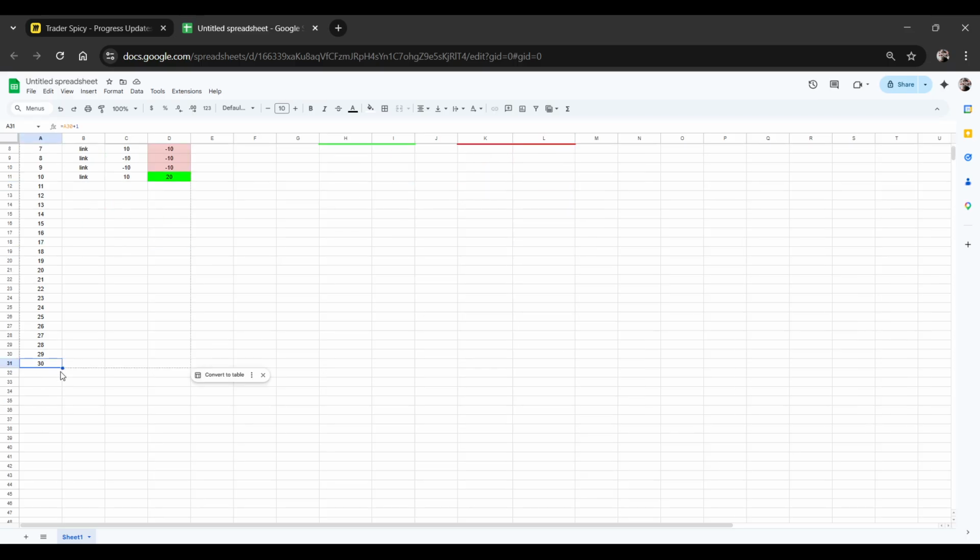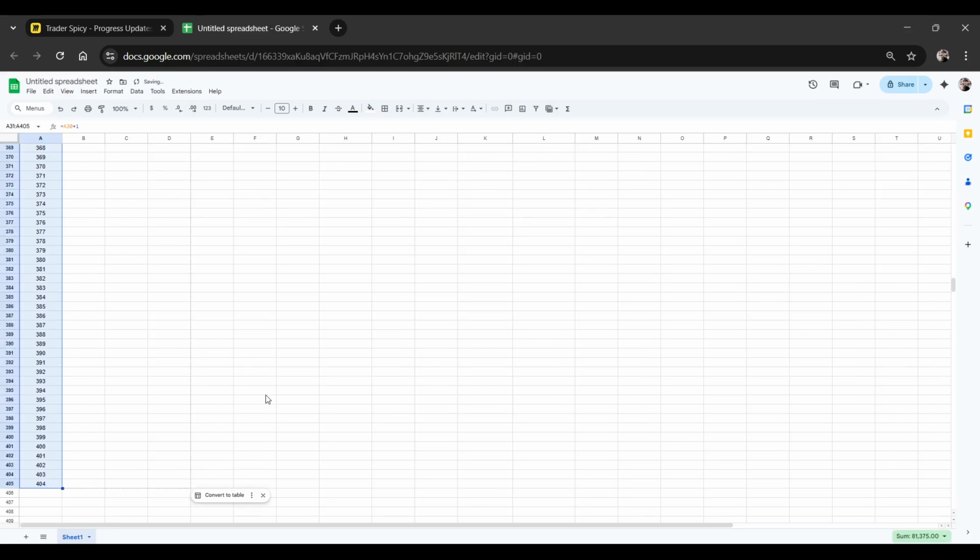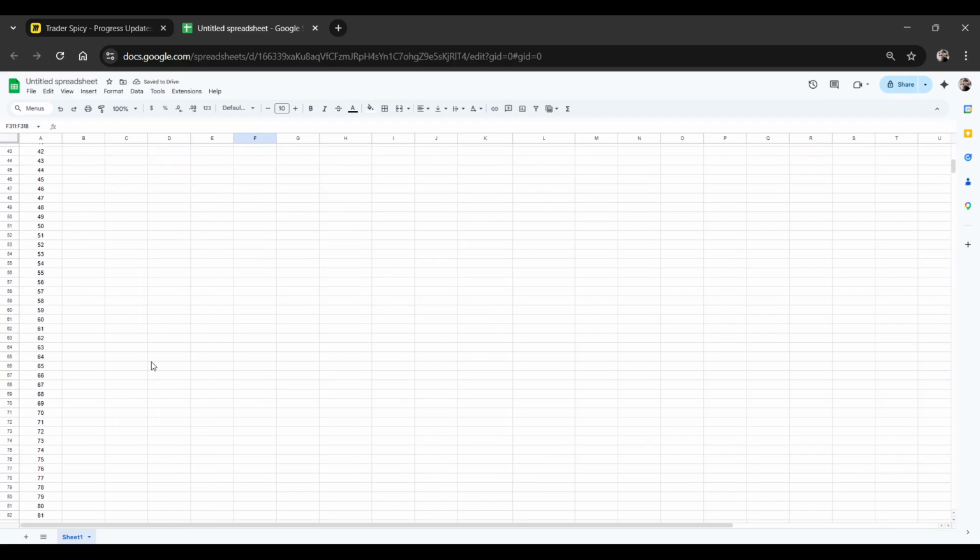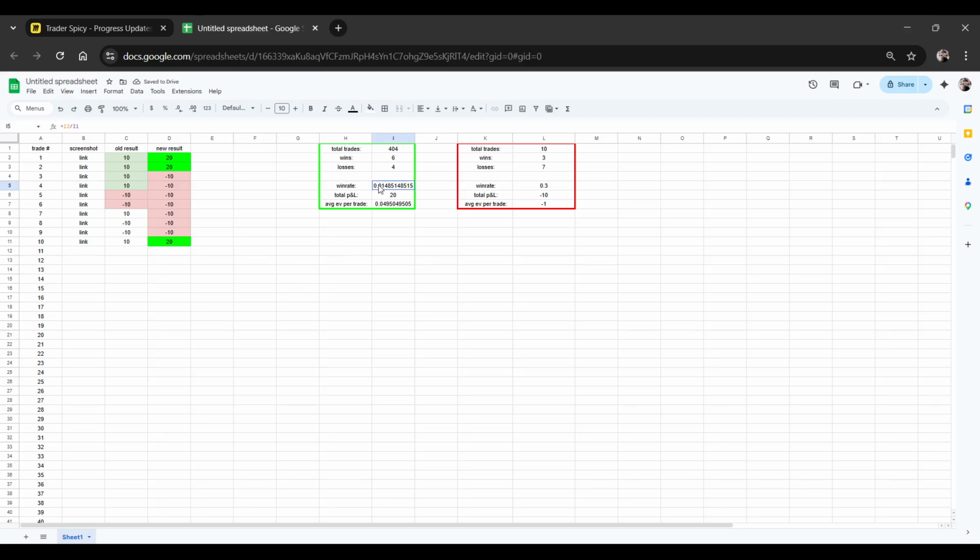But as we go into bigger and bigger territories, bigger sample sizes, the true statistics start revealing themselves a little bit closer. As in, the bigger the sample size you have, your statistics will start to converge and move closer to what the actual win rate of that particular idea is. Hopefully that makes sense. So the first thing is the bigger the sample size, the more reliable the data.